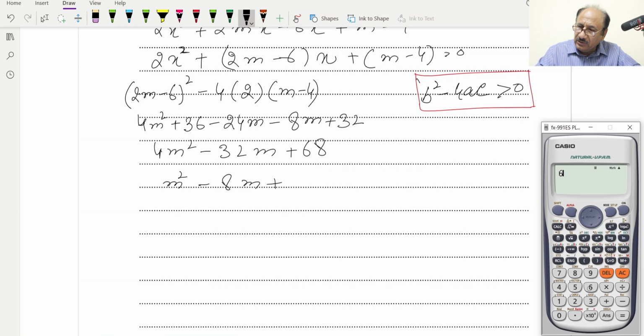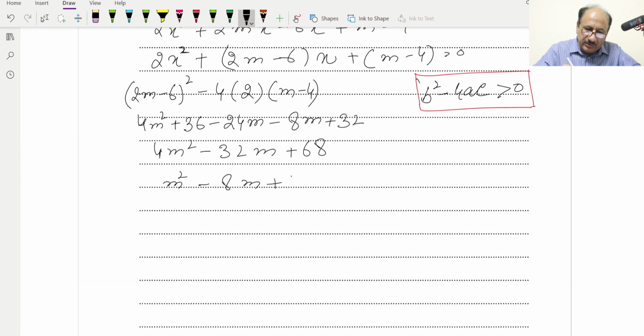So 68 divided by 4 will be equal to 17. Now we can complete the square. So this will be minus 8 over 2 squared, and we also need to subtract minus 8 over 2 squared, and plus 17.